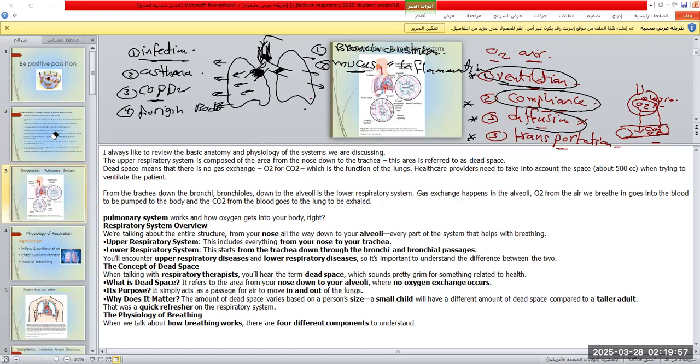Okay. What else can you think of? Foreign body aspiration. There is something from the environment that gets into our airways. It will have the same effect. It will block the airway and decrease the expanding of our lungs. So what else?